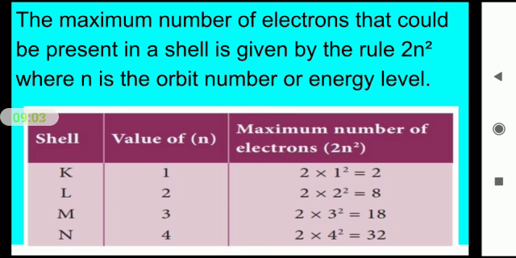So 2 into 2 square is equal to 8. In the M shell, the orbit number is 3. So 2 into 3 square is equal to 18. In the N shell, the maximum number of electrons is 32.